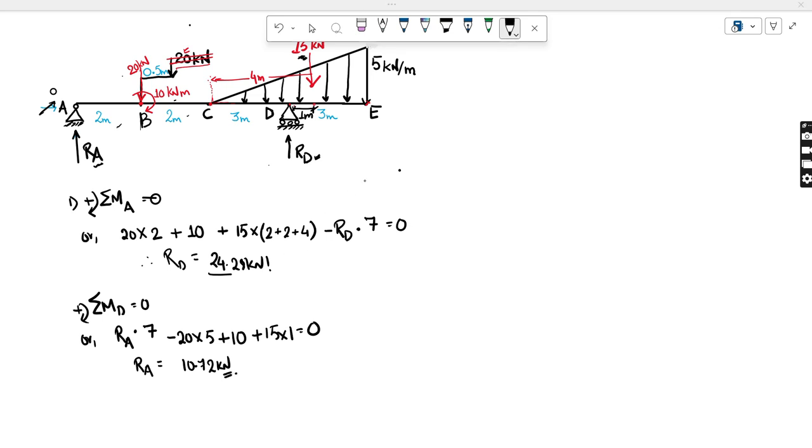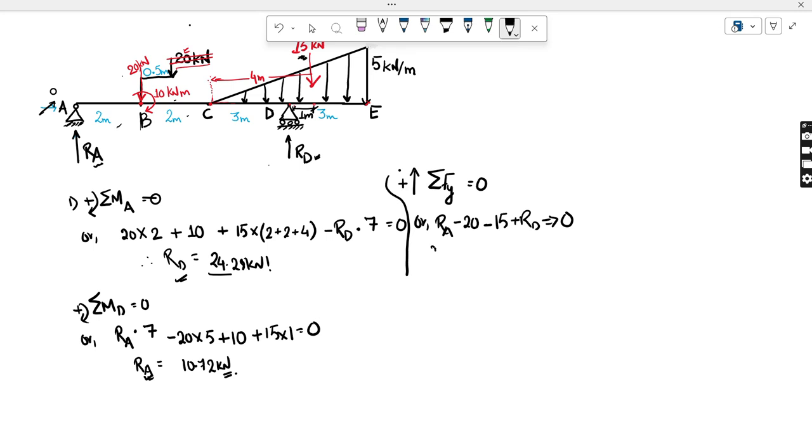So we have found the two support reactions, RD and RA. If you want to check whether you have done it right or wrong, you can take the summation of Fy, with upward taken as positive. For the beam to be in static equilibrium, all the vertical forces acting here shall be 0. So RA minus 20, you don't have to write the couple here because it is not a vertical force, minus 15 plus RD has to come to 0.